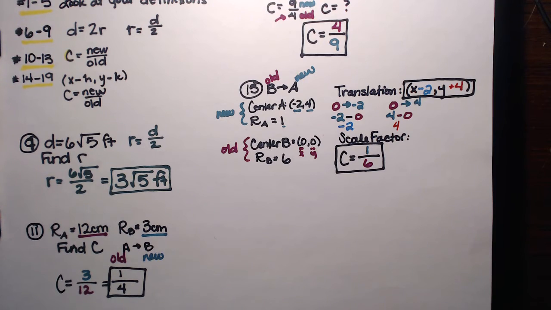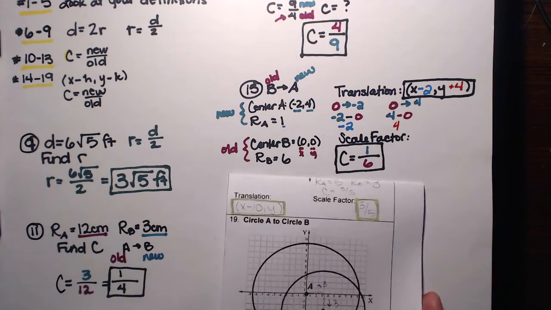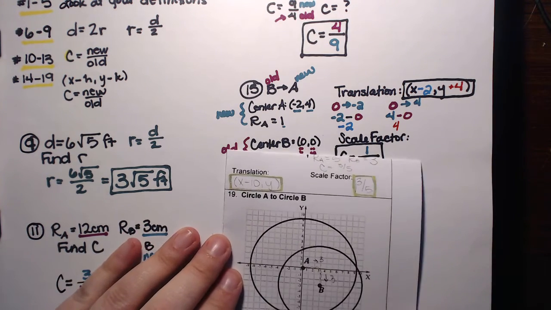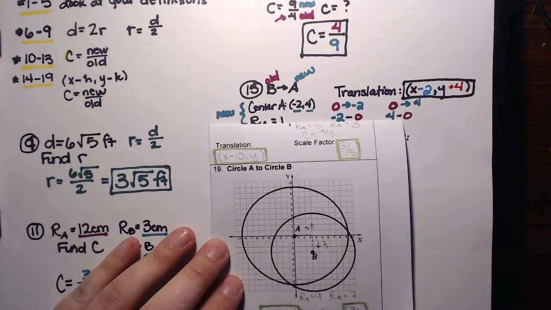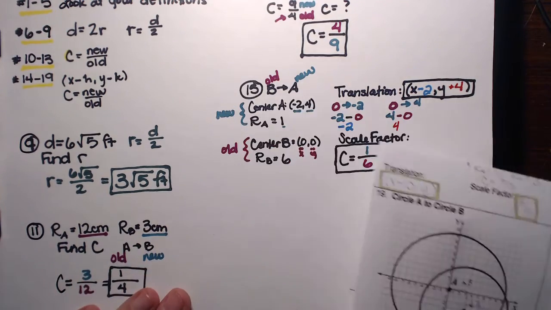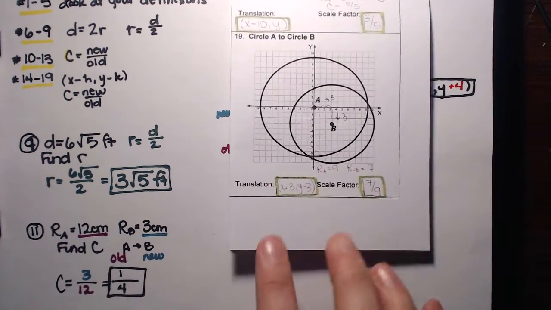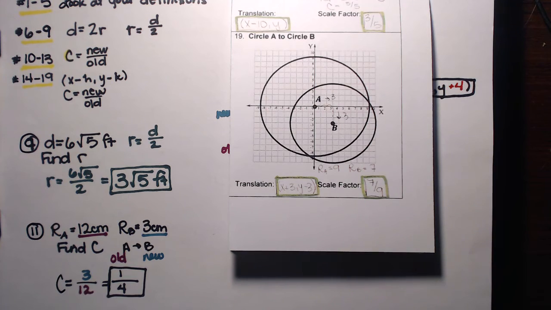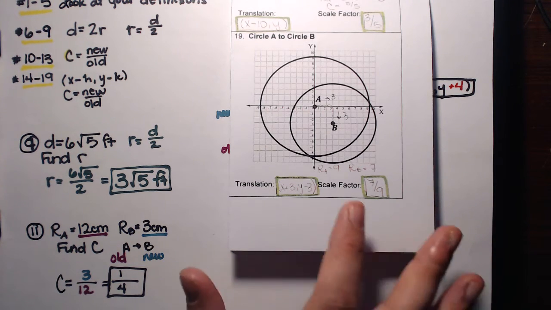So that's 15. I'm also going to look at 19. For 19 though, I did print off the circle. So for 19 with the translation, it's a little bit easier because I can just count.